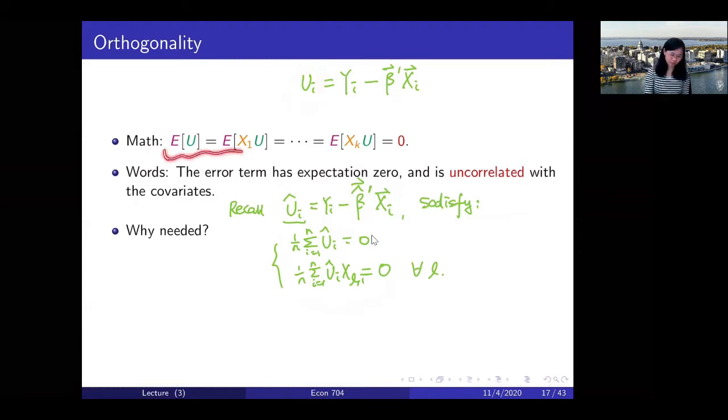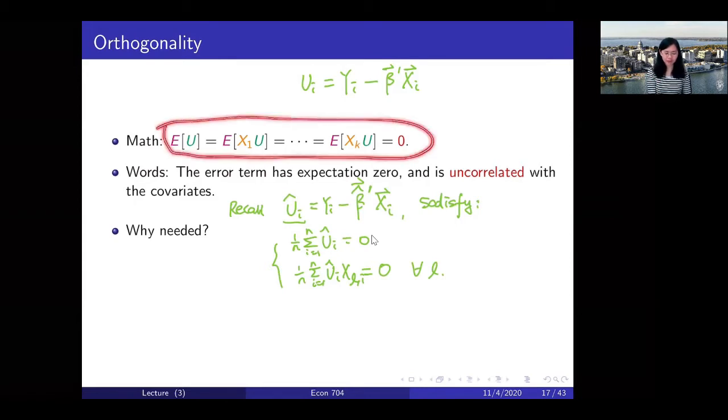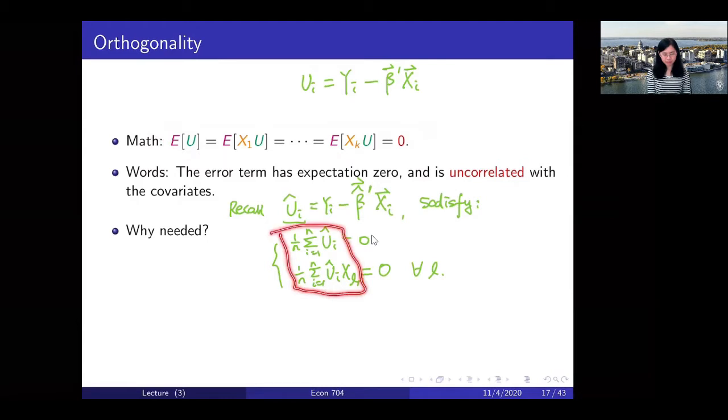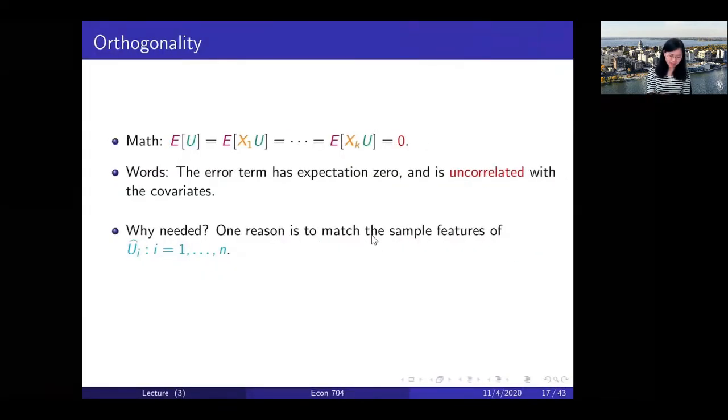Okay, so that is one reason that we need these orthogonality conditions. Well, the ultimate reason is that we're going to need this when we prove the consistency. But intuitively, you can understand that this is just to create an analogy between the population quantity and the sample quantity. The sample correlations are always zeros. So one reason is to match the sample features of the regression residual.